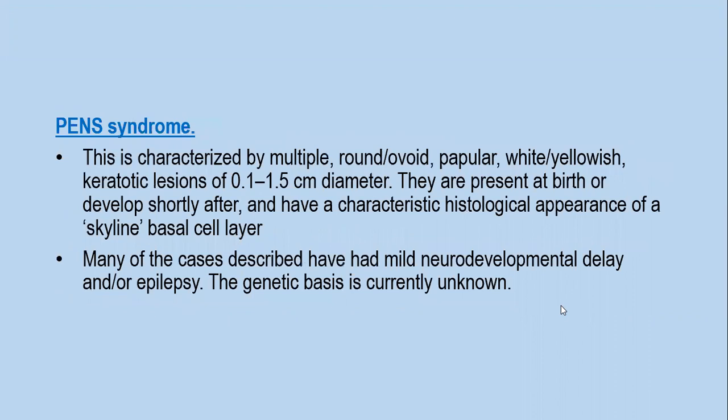The PENS syndrome. The PENS syndrome is characterized by multiple, the multiple is important, round or ovoid, papular, whitish yellow, keratotic lesions, usually 0.1, that is 1 millimeter, to 15 millimeter in diameter, present at birth or develop shortly after, and have a characteristic histological appearance of a skyline basal cell layer.